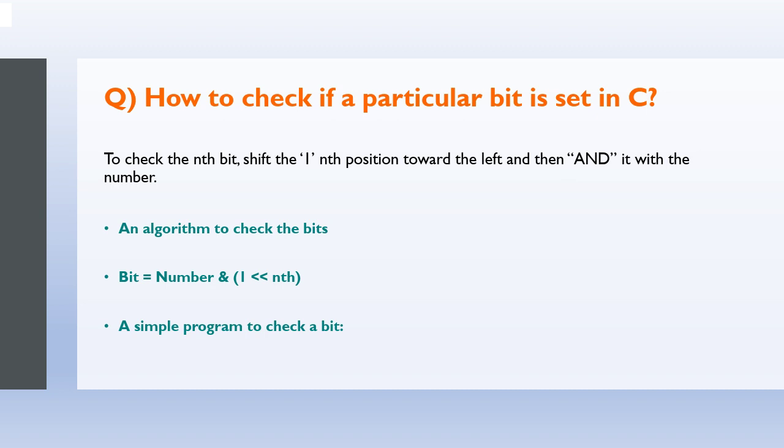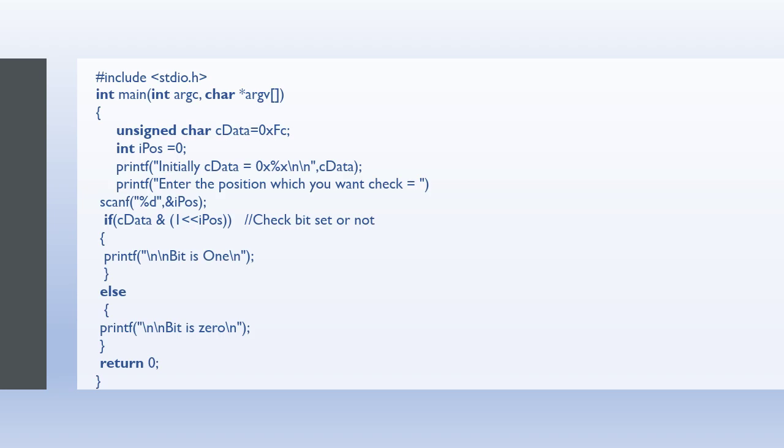So let's check with a small program. Similarly we will have c_data of 0xfc. I choose the fc because it has all 1s and then 1 0. Okay, int i_position = 0, I print the data.